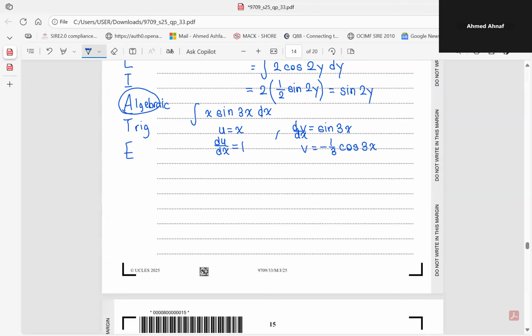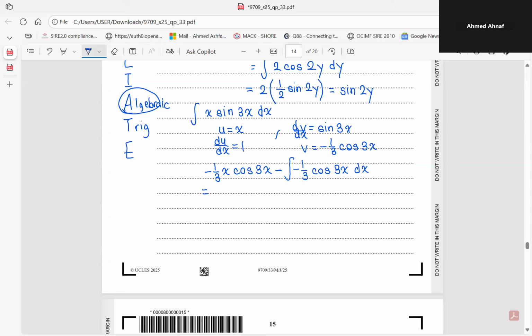So hence the final answer would be u times v, so minus 1/3 x cosine 3x, minus the integral of minus 1/3 cosine 3x times du/dx, which is just 1, so dx.